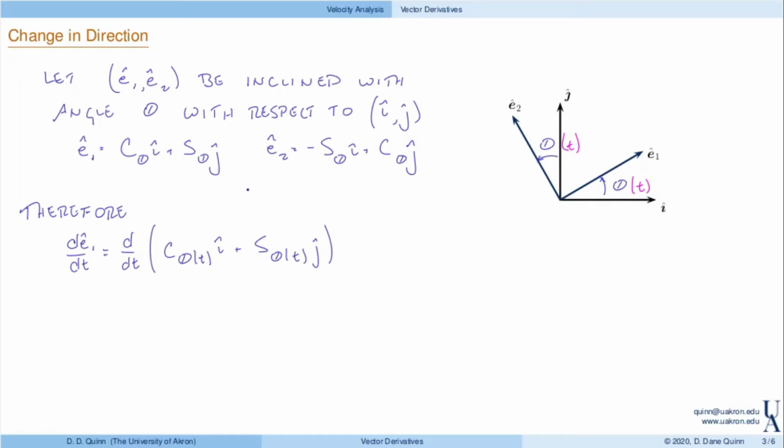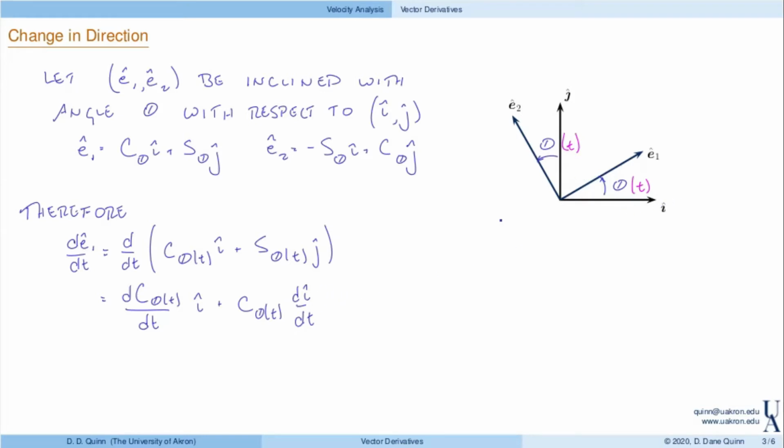So once again, we'll use the product rule and some addition formulas, and this becomes the derivative of cosine of theta with respect to time in the I direction, plus now cosine of theta times the derivative of I with respect to t. Notice this is the change in the I vector as time evolves.